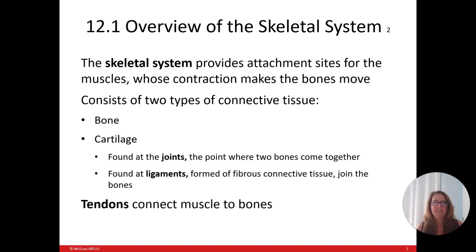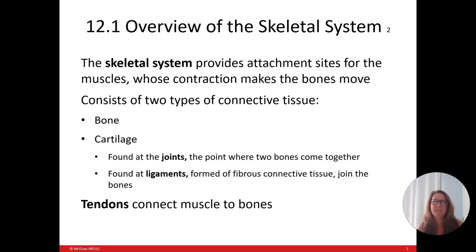So remember that. The skeletal system provides attachment sites for the muscles, and the muscles, when they contract, move the bones. And together, this gives us support and movement. Now, the skeletal system itself has a lot of other functions we'll get into in just a moment, but that's the gist of the big picture.